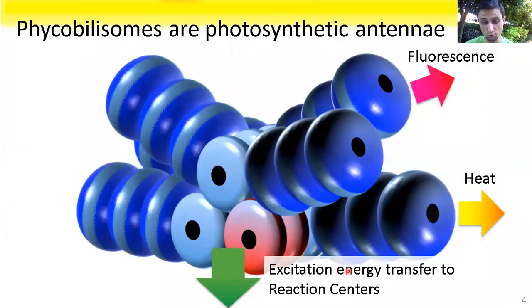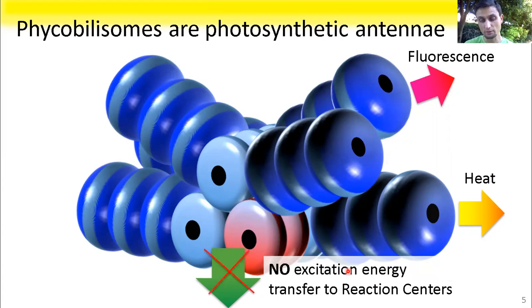After light absorption, there are three competing fates of the excitation: fluorescence, heat dissipation, and transfer of the excitation energy to the reaction center via the photosystems. Now, when we isolate this complex, fluorescence and heat dissipation remain as the only two de-excitation channels.